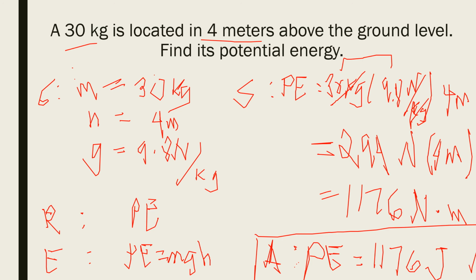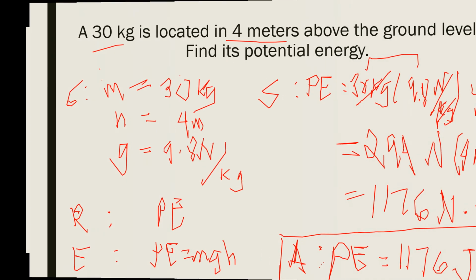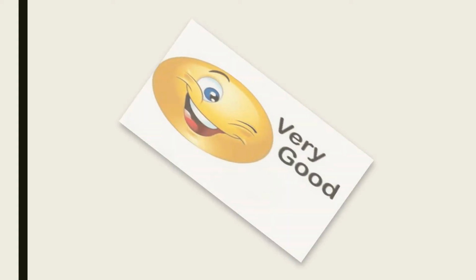So I hope that you were able to get the correct answer, 1,176 joules. I think you were able to solve it well and calculate the correct value of gravitational potential energy. Very good.